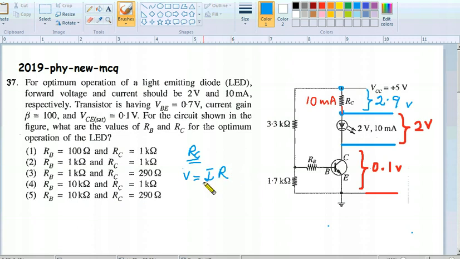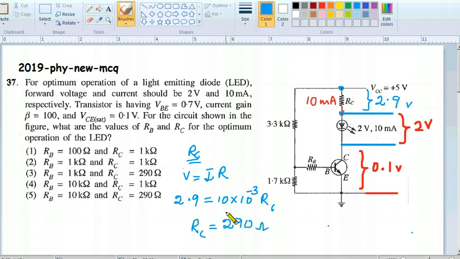So voltage we can substitute as 2.9 that we found here, and the current 10 milliampere. We have to convert it to ampere by multiplying 10 power minus 3. Then we don't know RC. So RC here we get 290 ohm. So RC now we have found.